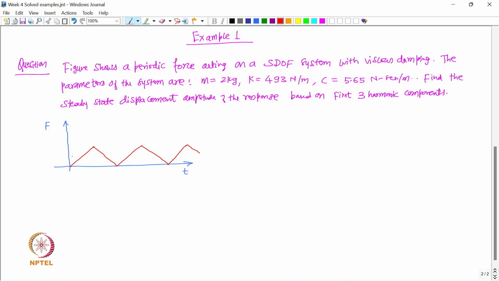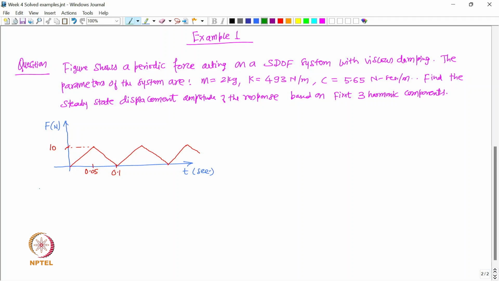And the values are, this is the highest amplitude, this is 10 newtons, and this time is 0.1 seconds, this time is 0.05 seconds, this time is in seconds and force is in newtons. So, this is what has been given, right. So, let us try to see how we can solve this problem.